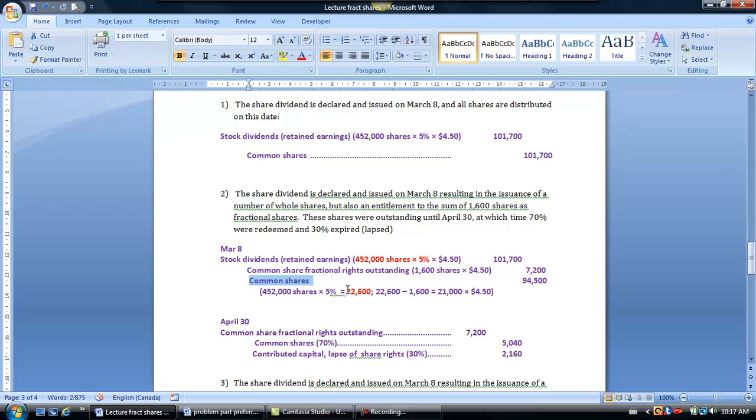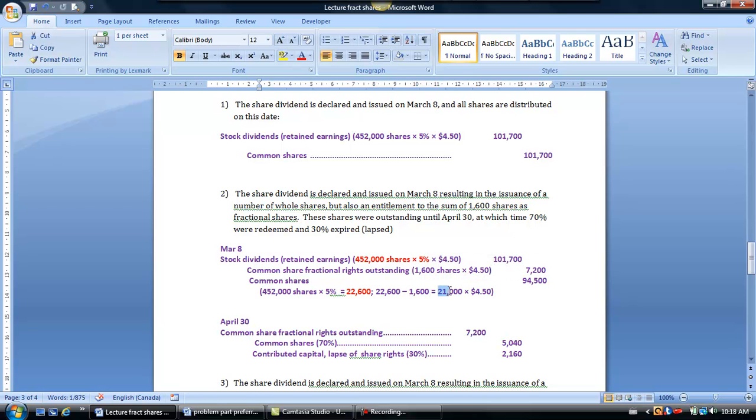Now don't forget, of the 22,600 shares that we would normally issue, 1,600 of those shares represent fractional shares. So we have to value those separately because it says they're using rights in here. They're using fractional shares, so they're using rights. So to value the common shares, the full shares, we're going to deduct the 1,600 shares that represent fractional rights.